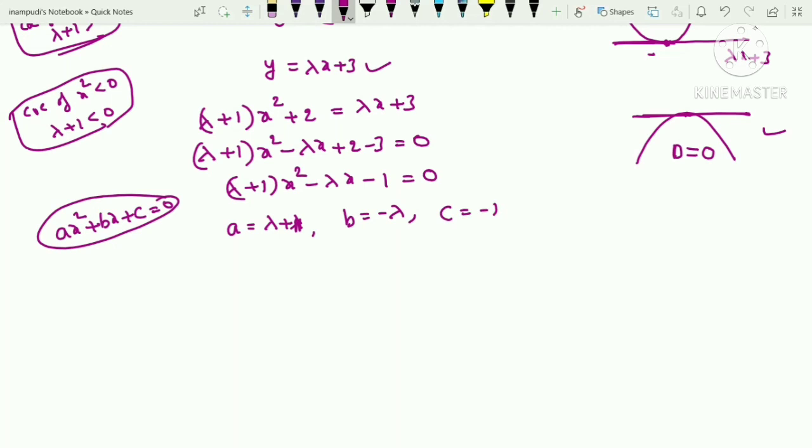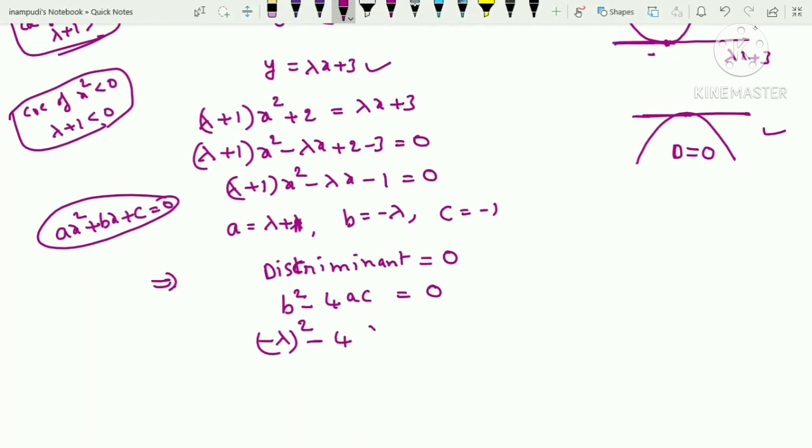If both curves intersect at only one point, we know that the discriminant is equal to 0. What is the discriminant formula? B square minus 4ac equal to 0. What is b? Minus lambda whole square minus 4 into a, lambda plus 1, into c, c means minus 1, is equal to 0.